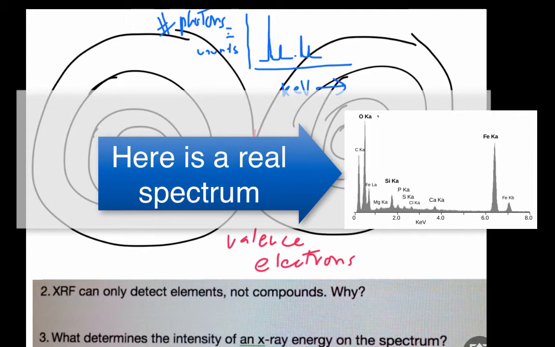I think a lot of you confused intensity for proportional to the amplitude of a wave, which is not incorrect, but for X-rays as a particle, typically what you're doing is counting particles when you look in X-ray fluorescence, and you're looking at the number of particles that have a particular energy value.